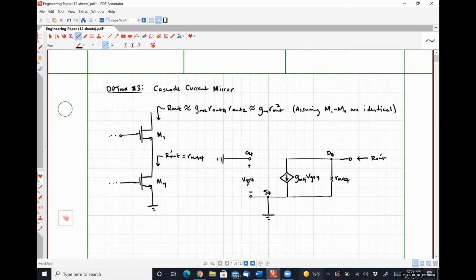Can anybody tell me what our assumption is? It has something to do with this resistor right here, R out 4. That's true with M1 through M4 being identical, so that we can just replace R out 4 with R out 1, 2, 3, and they're all the same thing. But we've already listed that assumption. There's another assumption here that's very, very important.